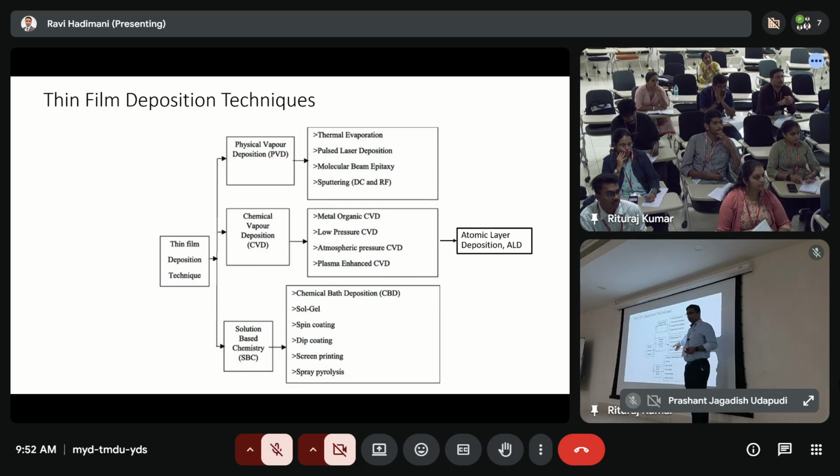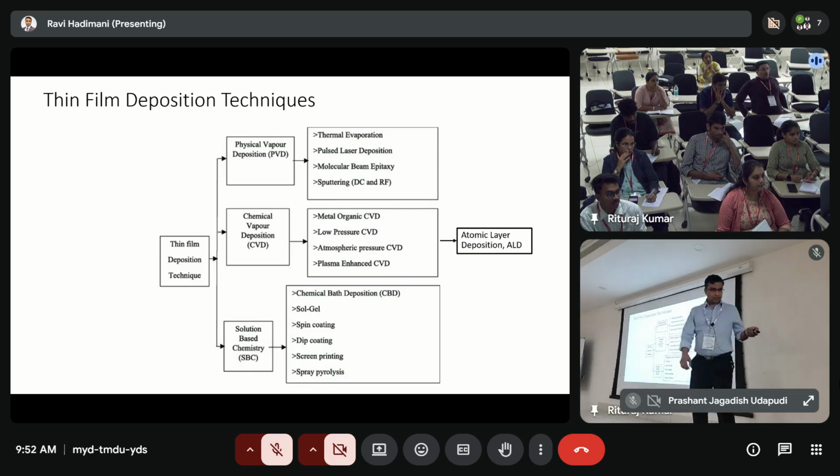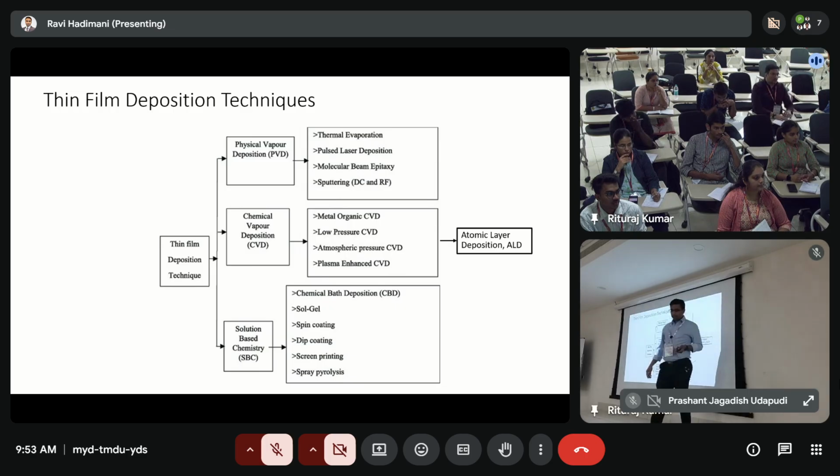That will give you a thin film of the resultant chemical reaction. Whereas this is using physics or physical phenomena. So these are different types of thin film deposition.